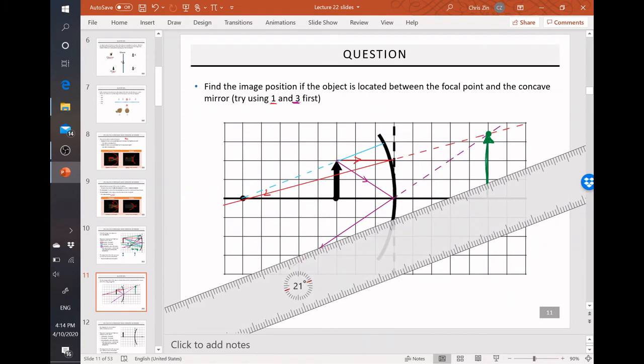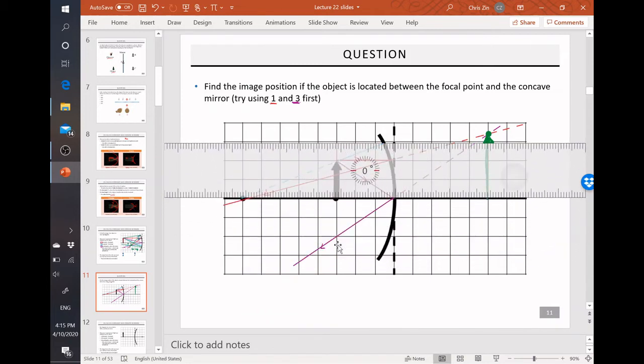So the one particular ray that's going toward the mirror, let's use the cursor, this ray that's going toward the mirror looks like it's coming from the focal point. When this ray reflects off of the mirror, it reflects off horizontal.